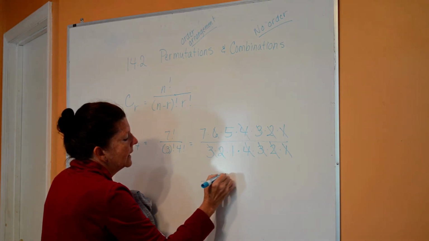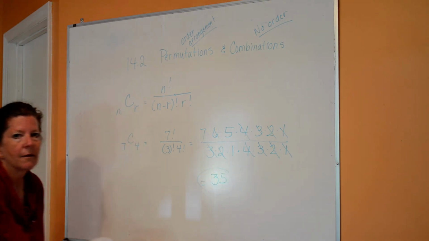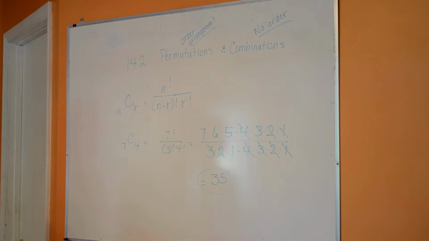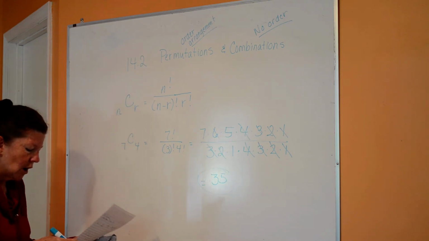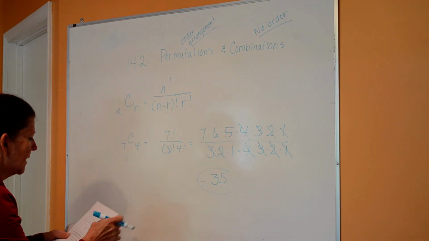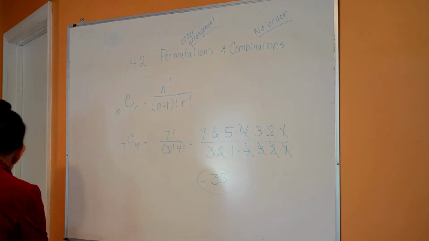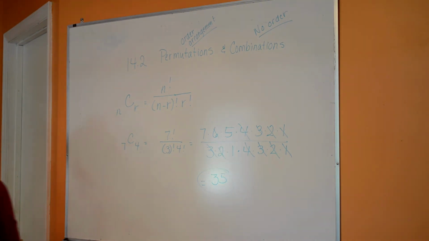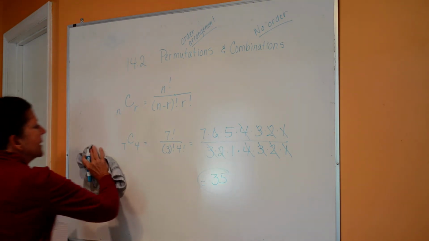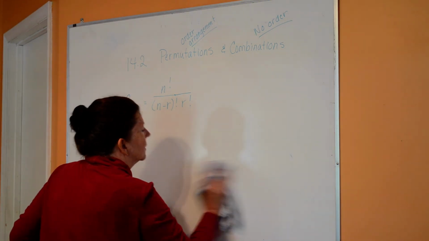It's going to give me an answer of 35. That's how many different ways I can select 4 students from a group of 7 students. All right, let's do another example out of your book.